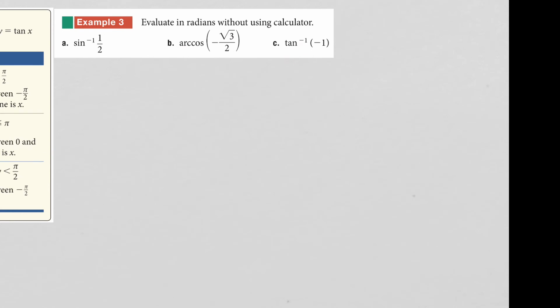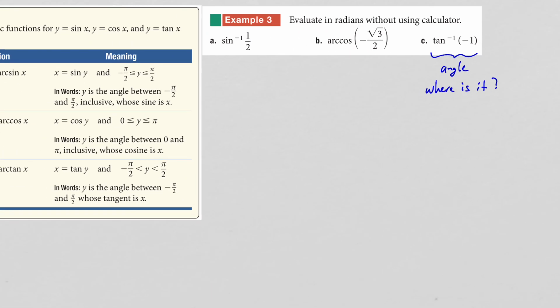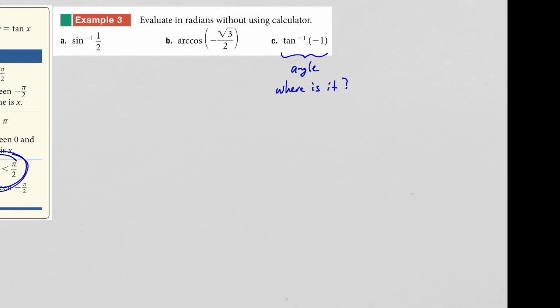And for our last example here, we have the inverse tangent of negative 1. Once again, inverse tangent is an angle. So the first question is, where is it? Well, inverse tangent always gives you an angle between negative pi over 2 and positive pi over 2. So if you draw a picture of that, that means the angle is going to be somewhere in here.